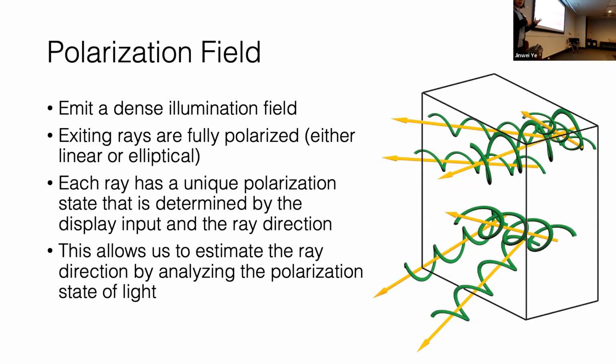Basically, it is a dense illumination field that gives out light that is polarized, and the polarization state of the light coming out is controllable. So with this kind of field, each ray has a unique polarization state that is determined by the input, and also by the direction of the ray. With this knowledge, this allows us to estimate the ray direction by analyzing the polarization state of the light.